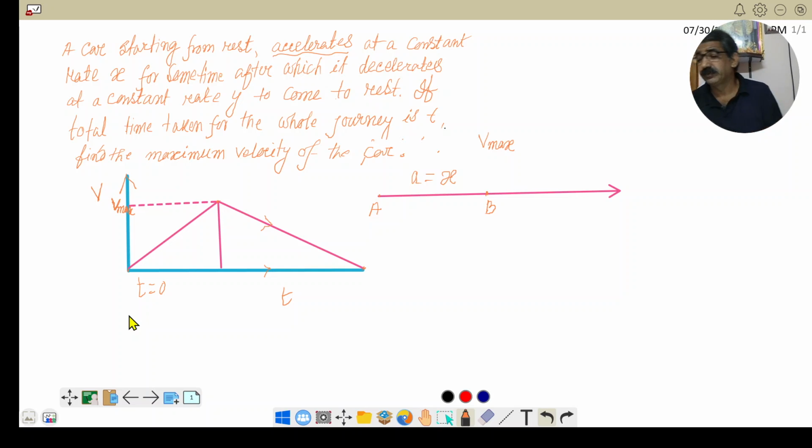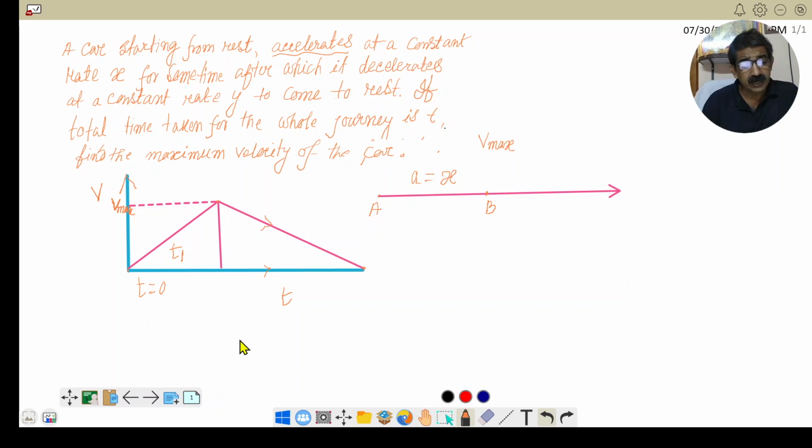To solve this problem, it requires more time and more concentration from your side. You have to determine the maximum velocity, and I shall help you to solve this problem. Suppose the time from this point to this point is t1.